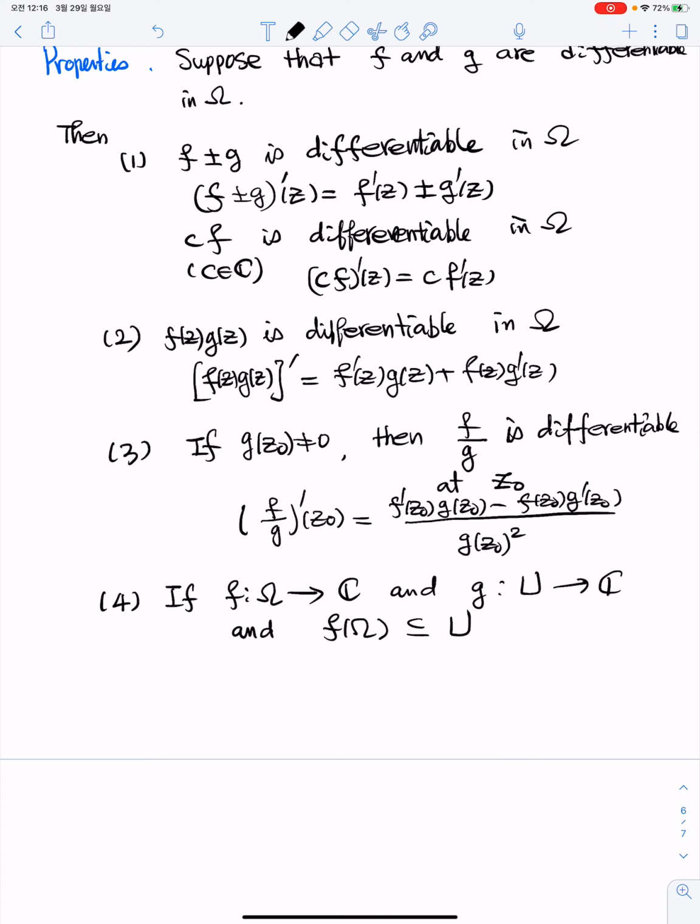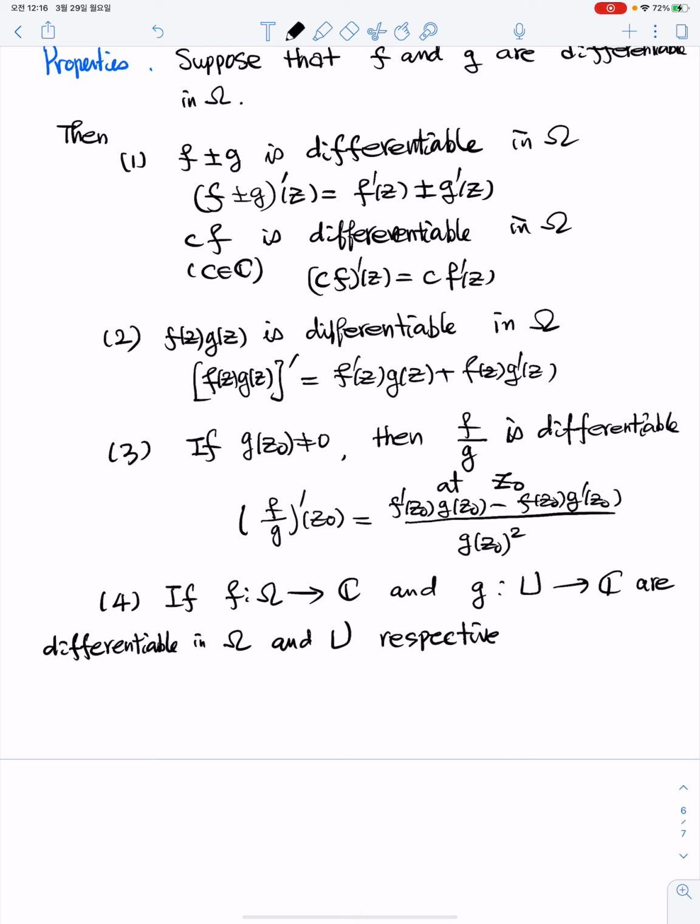Suppose f and g are differentiable in omega and u respectively, and f of omega is a subset of u.